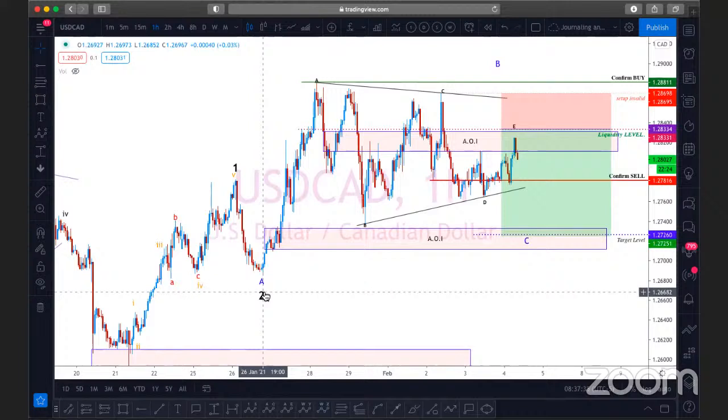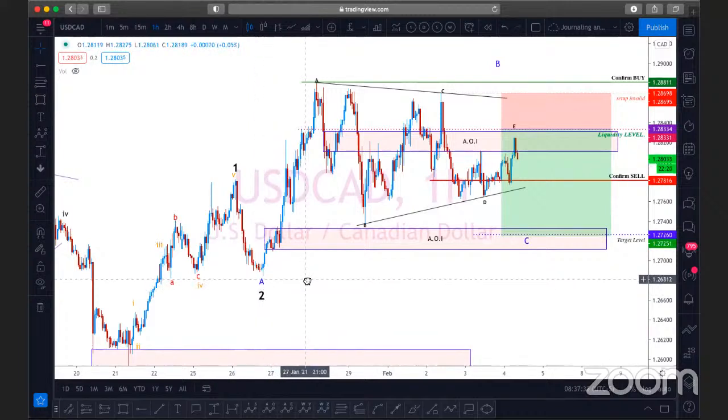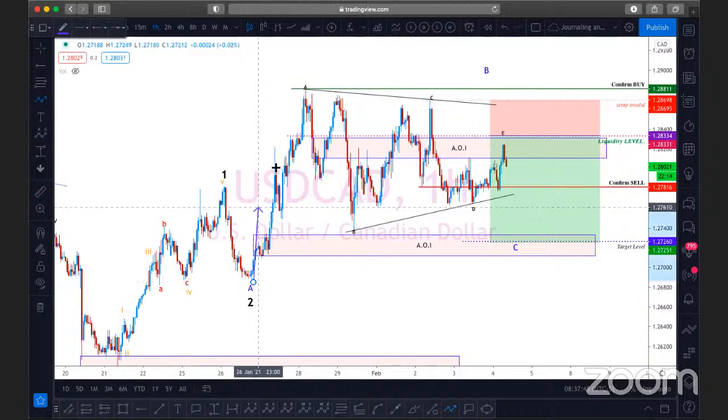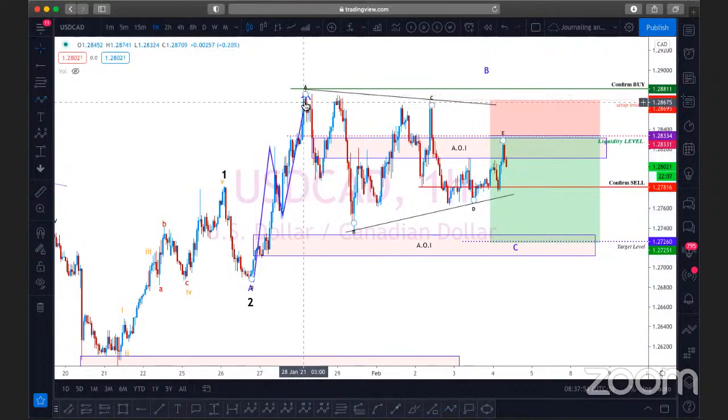We have wave two, what we initially thought was wave two. Then based on the fact that we were not able to get a 5-wave impulse in here, but rather a 3-wave, we identified immediately that this is not an impulsive move, but rather a corrective. So we look at this now as A wave, and this would have been B wave.